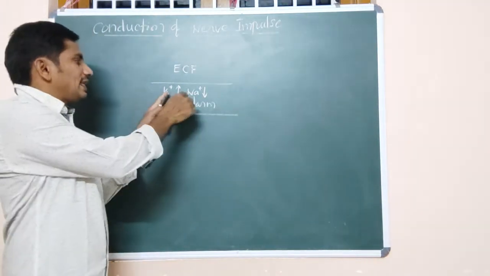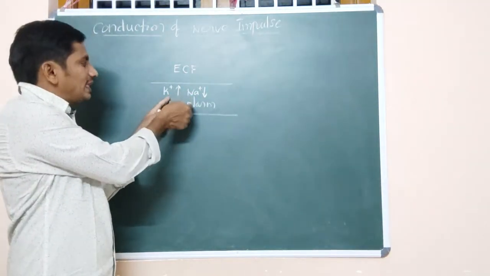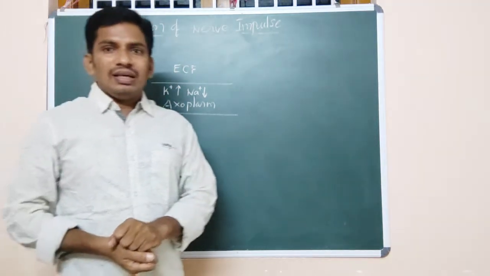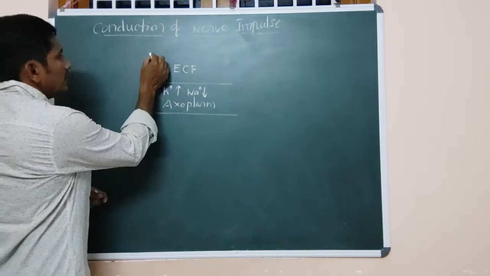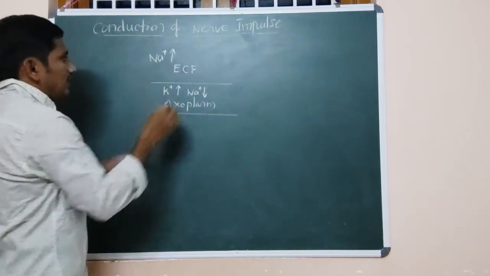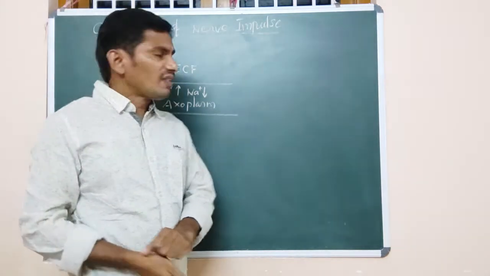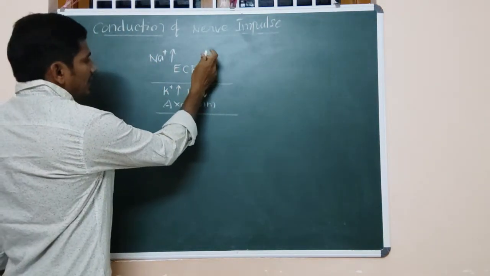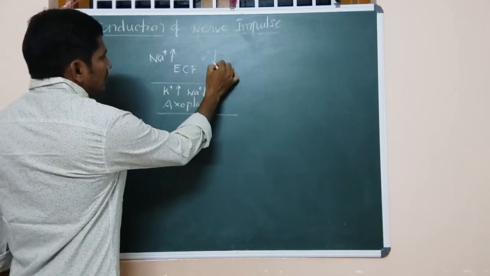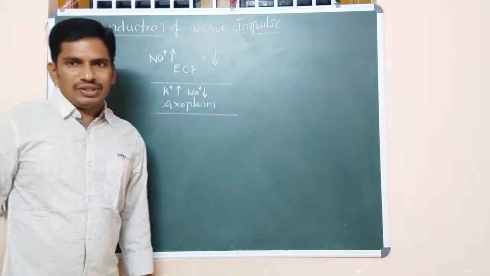Here the abundant cation K plus is present in the axoplasm, whereas the abundant cation Na plus is in the extracellular fluid, and the cation K plus is less in extracellular fluid.